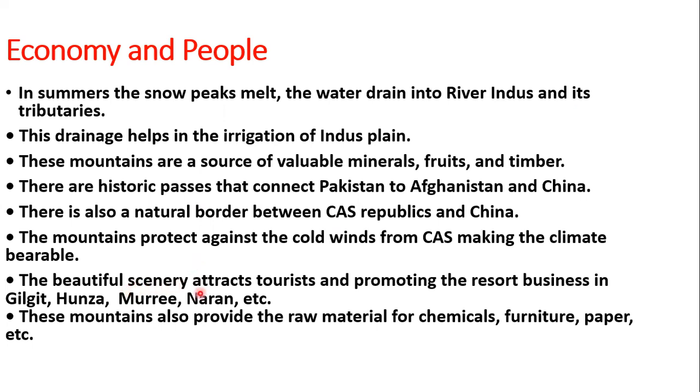These areas are quite attractive and beautiful, with mountains, valleys, natural beauty, flora and fauna, rivers, and much more. People within the country and from abroad visit these areas like Gilgit, Hunza, Murree, Naran, Kumrat, and many other important areas.